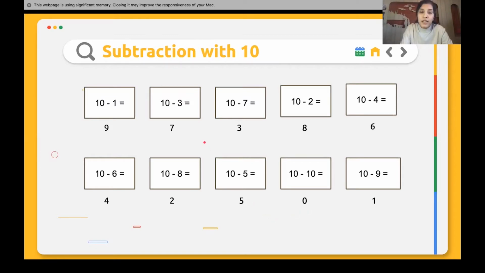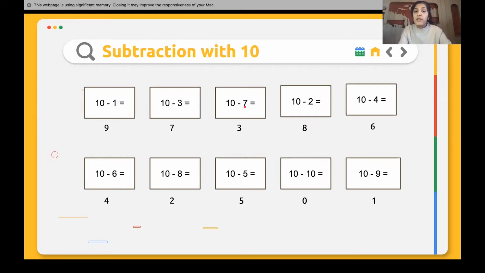Now let's look at this. Look, right here. 10 minus 3 equals 7. And 10 minus 7 equals 3. They have the 10 minus 3 equals 7, and 10 minus 7 equals 3 because 3 plus 7 equals 10.